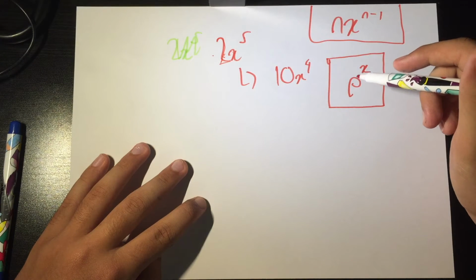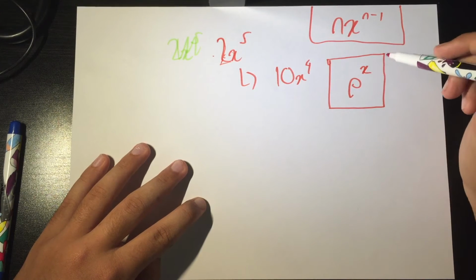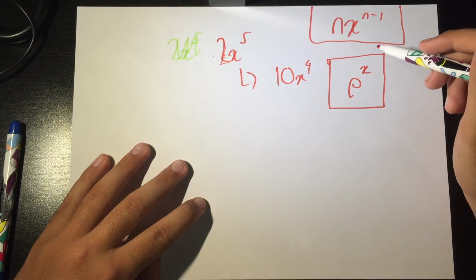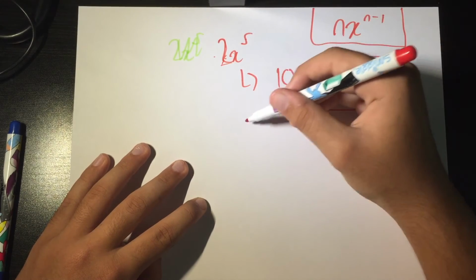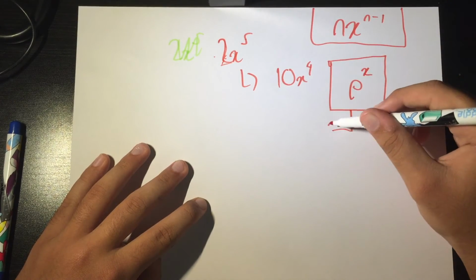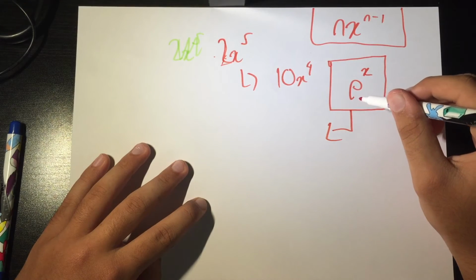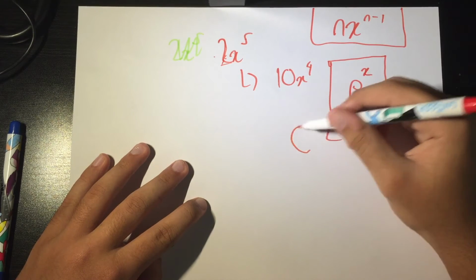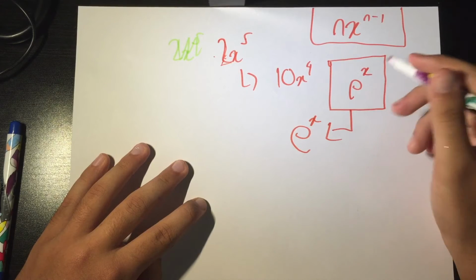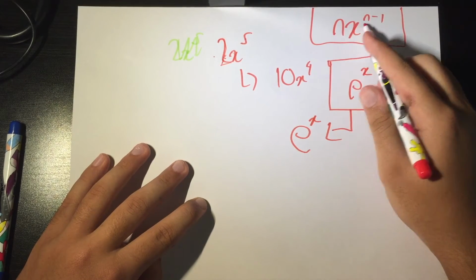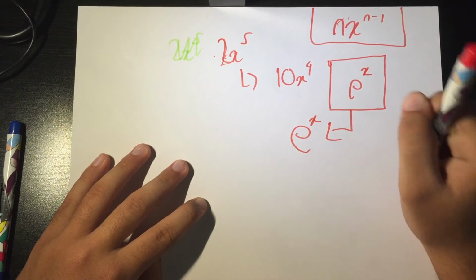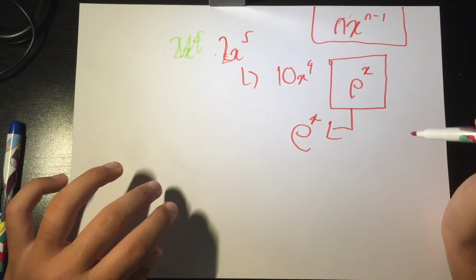Wow, it has a really good history. So e to the power of x. Differentiating this function should be very simple, because the derivative of e to the power of x is none other than e to the power of x. Yup, no power rule. This does not apply for this. It's just e to the power of x.